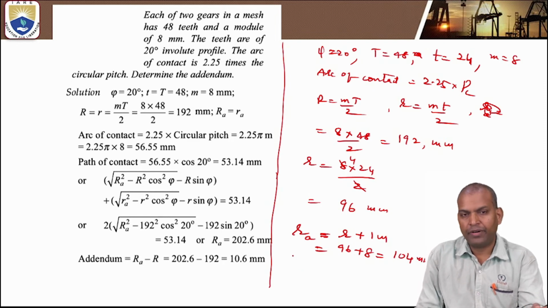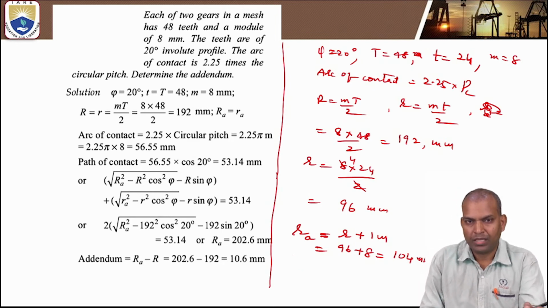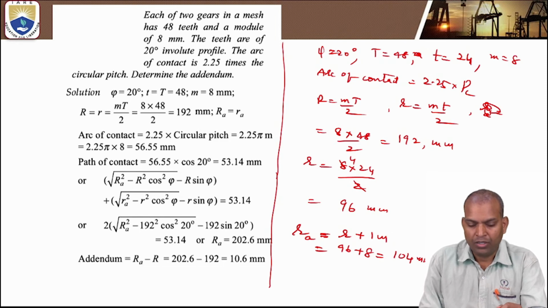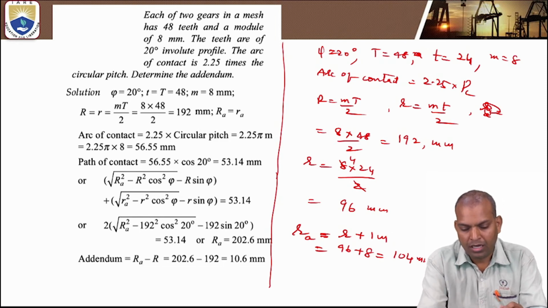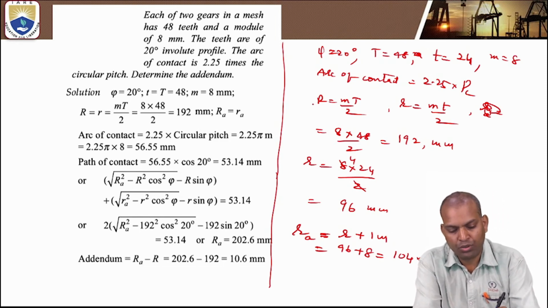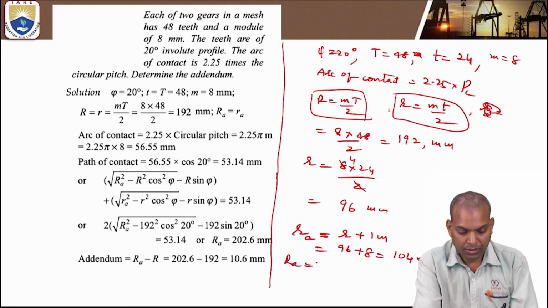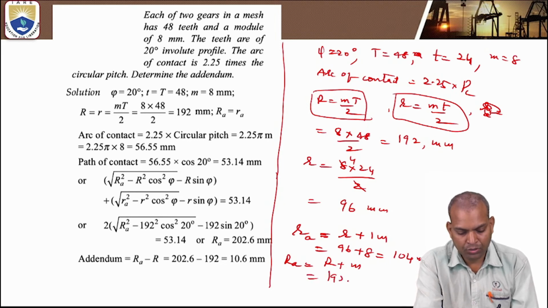From this data we can find out the path of contact and arc of contact, and also the contact ratio. In this manner I want to show you how to calculate capital R and small r. Small r addendum radius is 104, and capital R addendum radius equals capital R plus 1 module, that is 192 plus 8, that is 200.